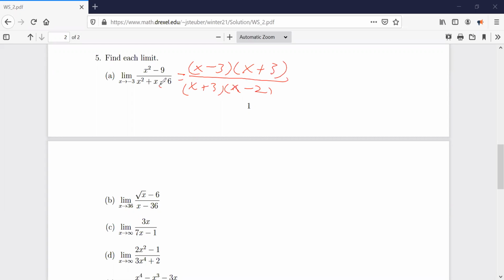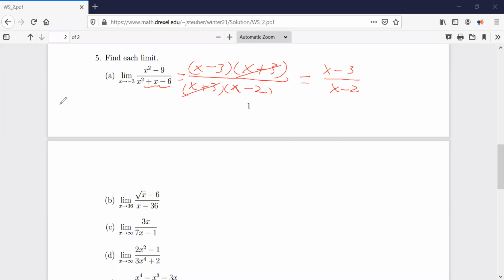We need two things that multiply to give -2 and add to give 1. So now I can cancel the x plus 3 on top and bottom, and that means it's going to be equal to x minus 3 over x minus 2. And now I can plug in -3 to this, and whatever that gives me is my limit.